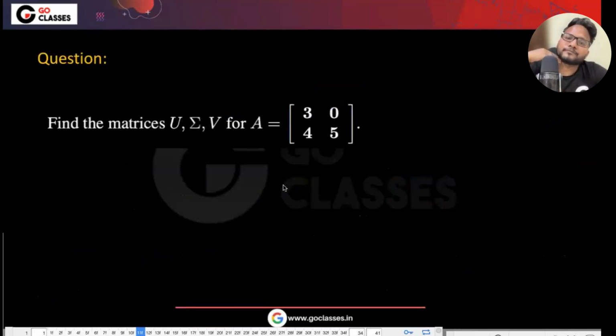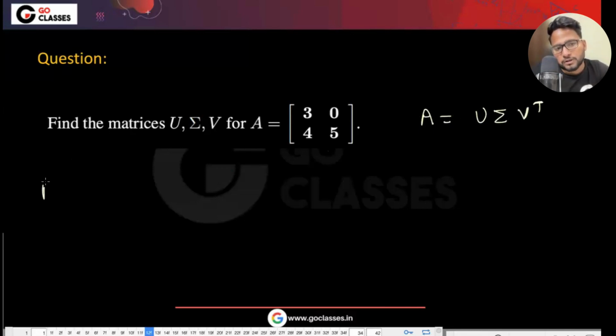Do you want to do some practice, to calculate the vectors for this, which means that A is U sigma V transpose? Do you want to do it by yourself? So what is A transpose A?